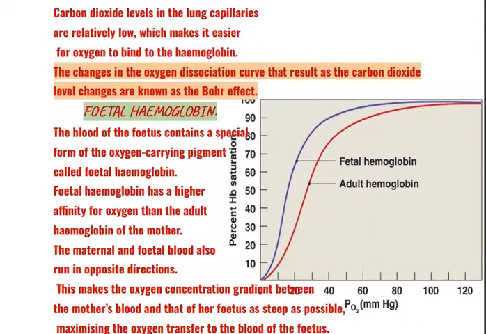Carbon dioxide levels in the lung capillaries are relatively low, which makes it easier for oxygen to bind to the hemoglobin. The changes in the oxygen dissociation curve that result as the carbon dioxide level changes are known as the Bohr effect.